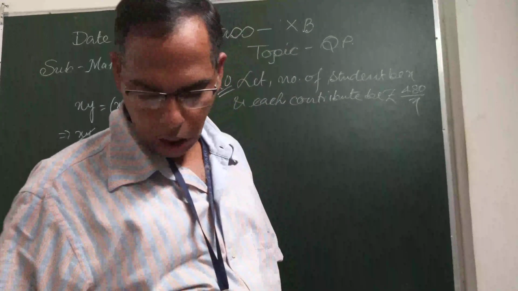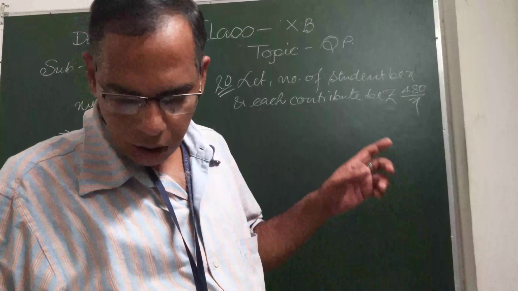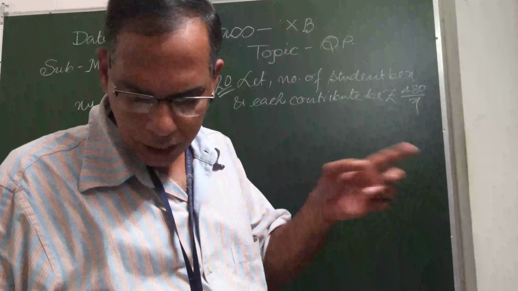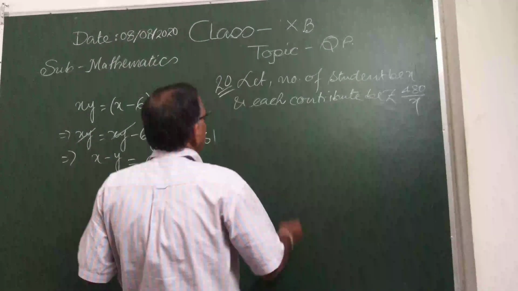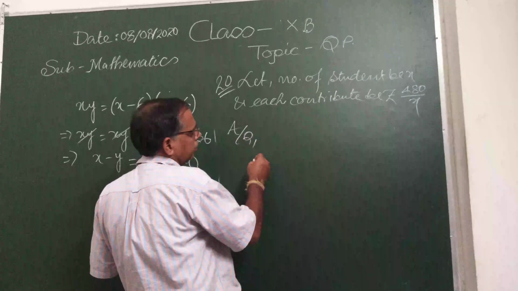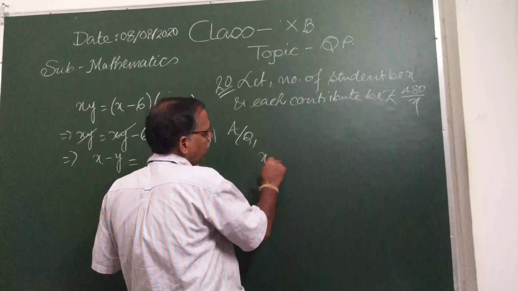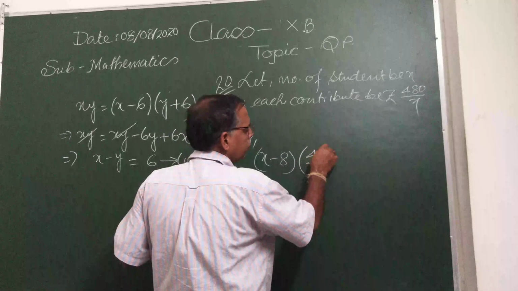Now you see, if 8 fail to go, then each has to pay 10 rupees more. Then according to the question, 8 fail to go, x minus 8, each has to pay 10 rupees more.